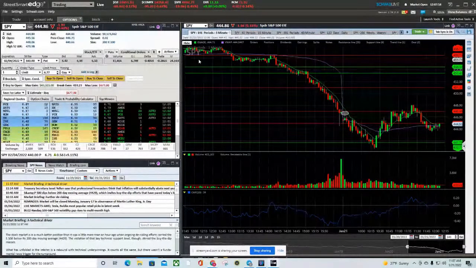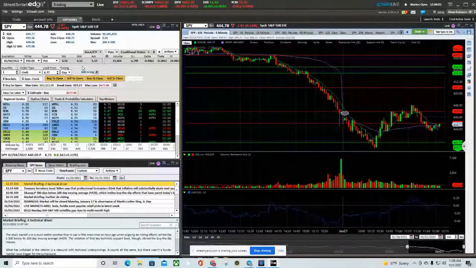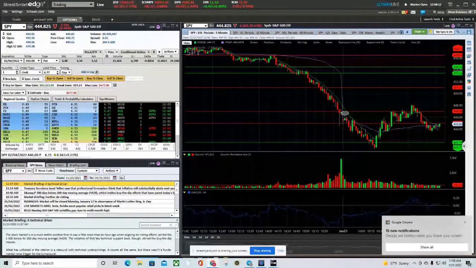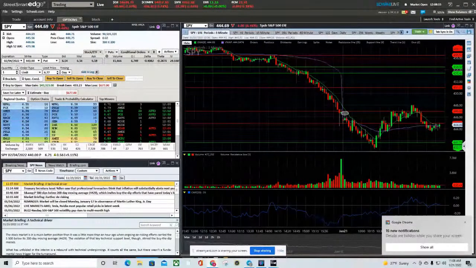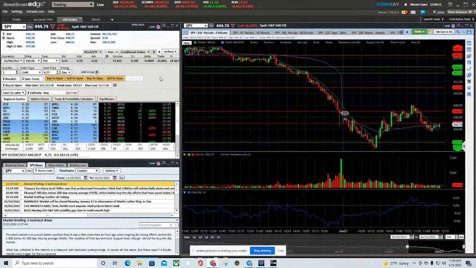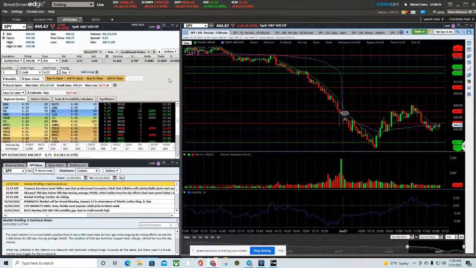So if you bought this put option at 6.50 and the SPY moves down $1, your premium on that option contract should move up to about 6.90. Now, that is all other things unchanged, right?